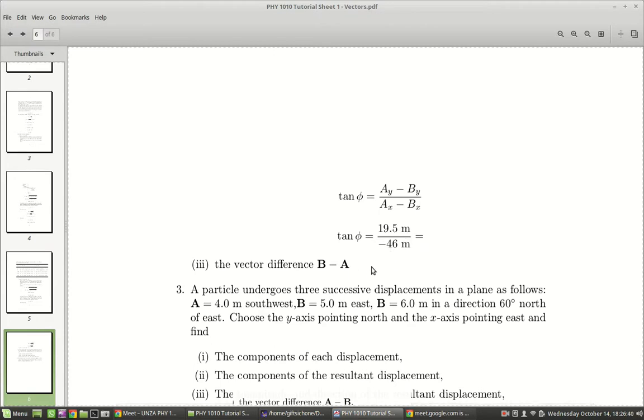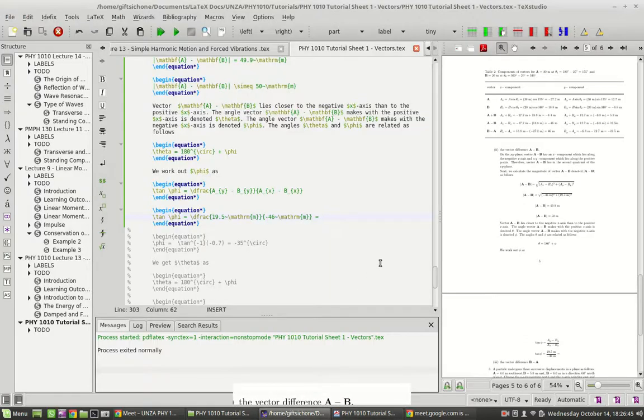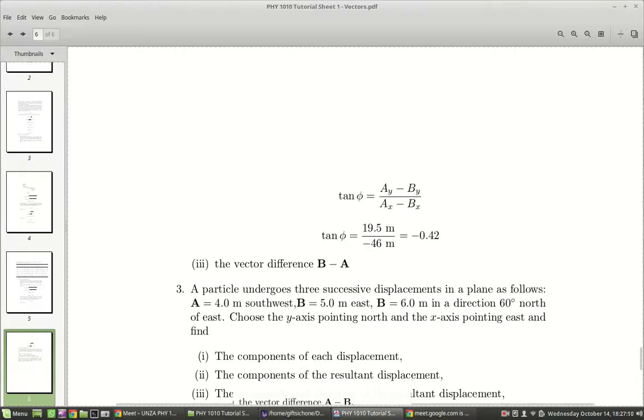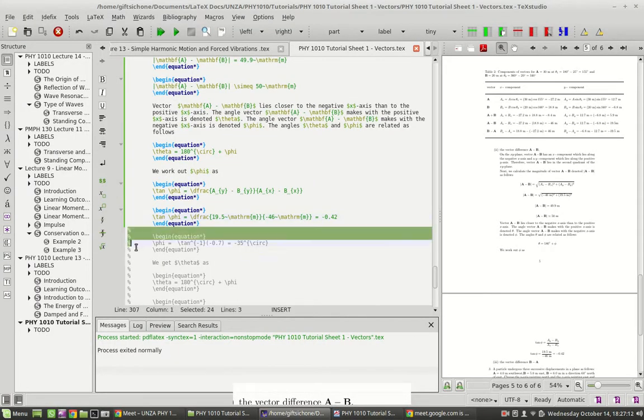How much is that? No, tan phi. Just divide 19.5 by minus 46. That's negative 0.42. Yes. Okay. There. Then we work out the tan inverse.